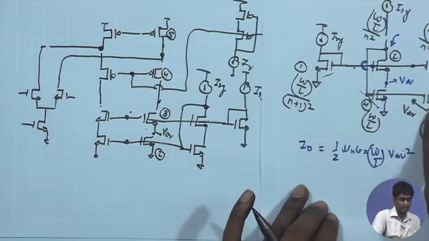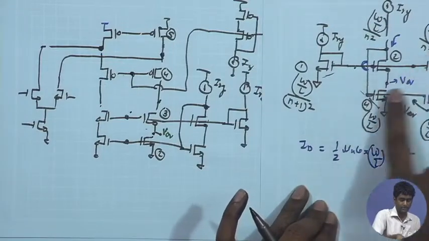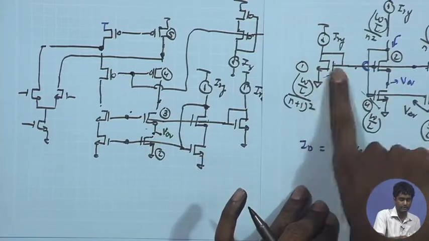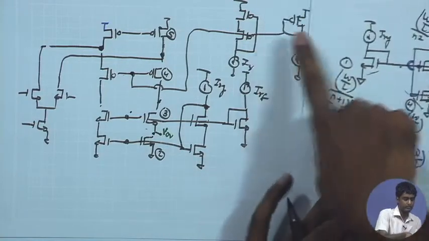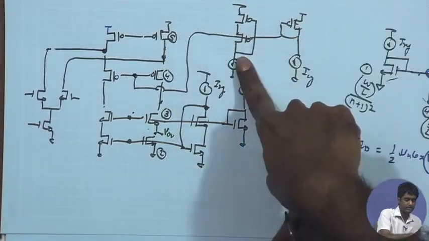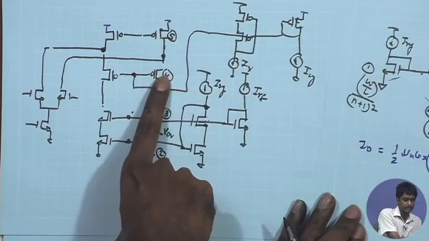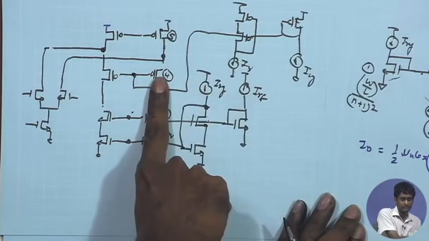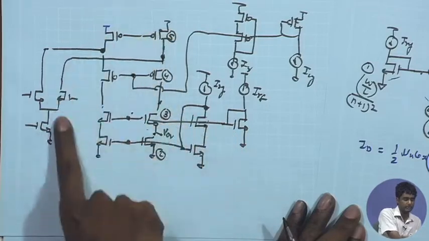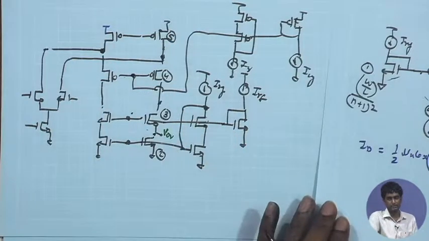here when we looked at the overall scheme, we assumed that the current in these 3 branches are almost similar, and therefore we are having a certain ratio over here. But if you look at the current here, I can assume that the current here and here is similar, and as a result the current here I am trying to make similar, but the current in this device is not the same, because the current in this device is supplying the current over here and also the current over here.